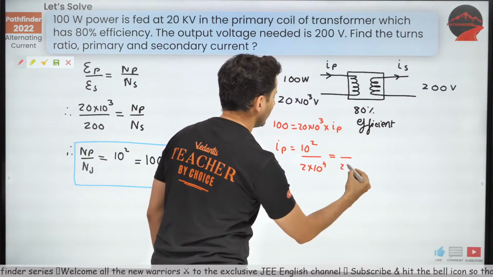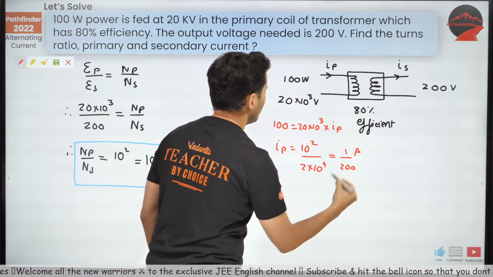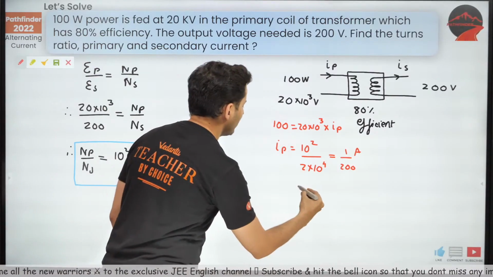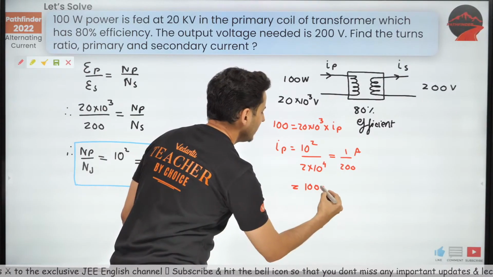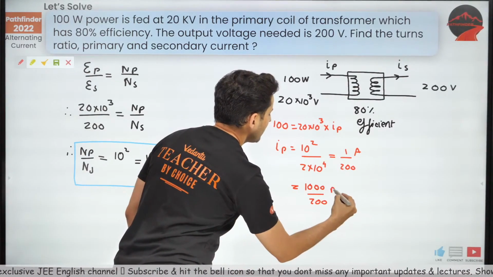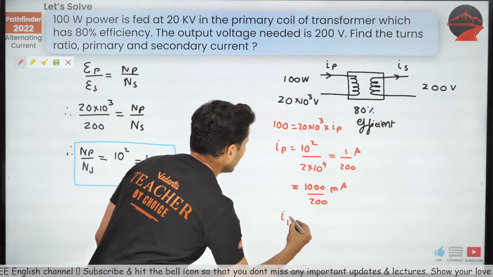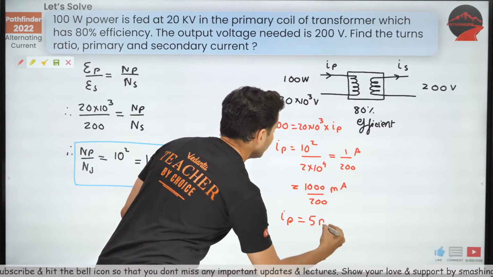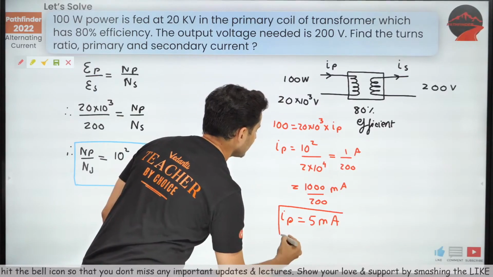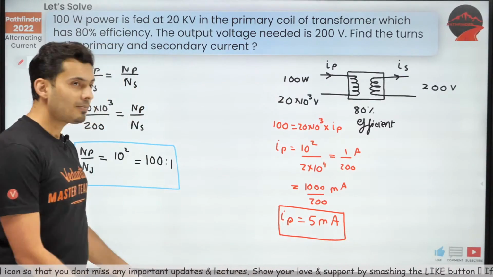So that's nothing but 1 by 200 amperes. You can convert it into milliamperes: 1000 divided by 200 milliamperes. So the input current will be 5 milliamperes. That's the second answer that we got.